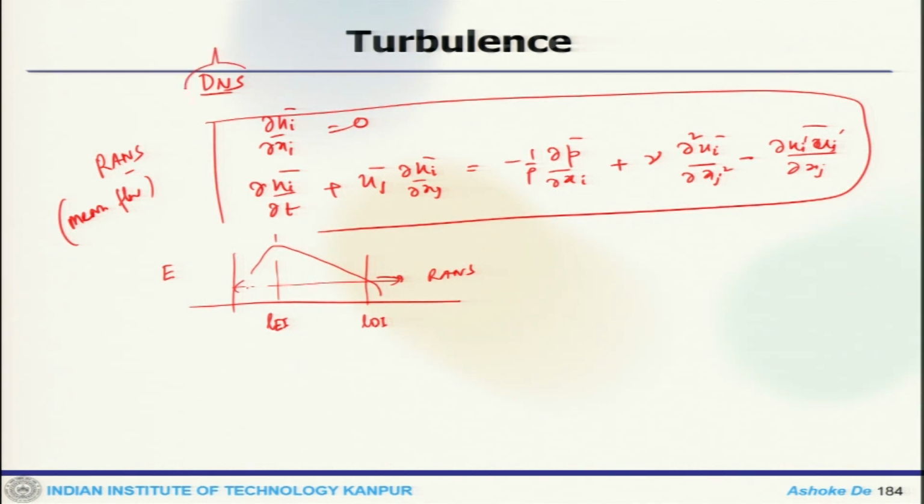This is where direct numerical simulation becomes important, which actually solves for each scale. That means DNS, instead of modeling, solves.